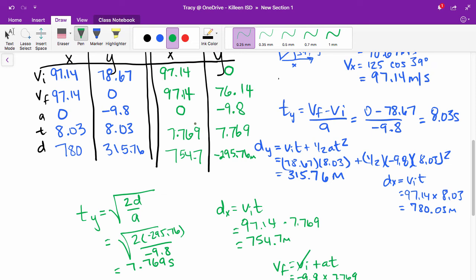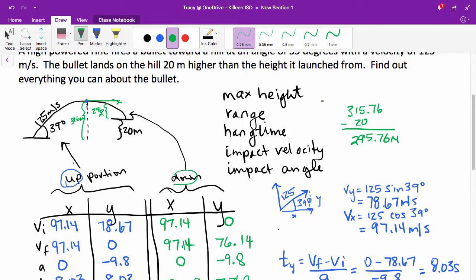So we have everything that we need. The last thing we're going to find: because we know our max height, we can find our range, and from what we have, we can find our hang time. Let's find impact velocity.